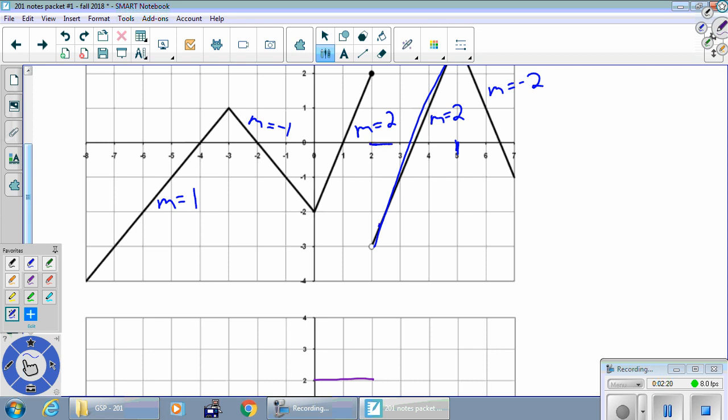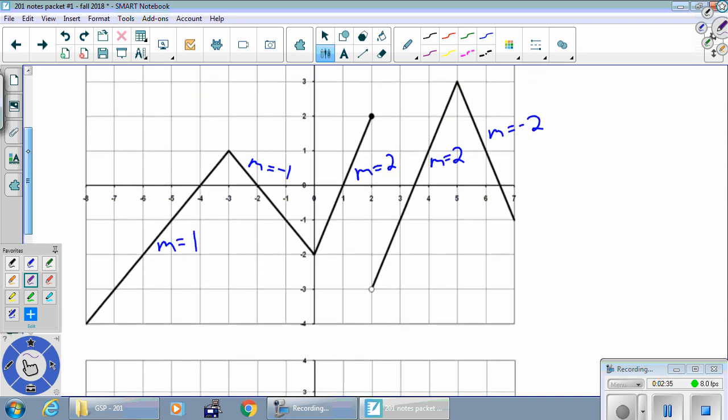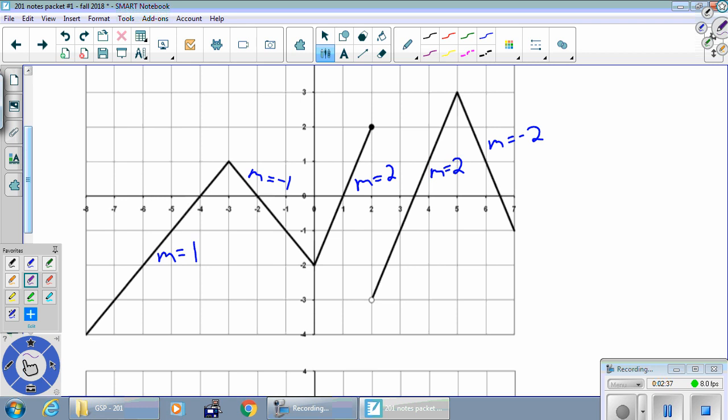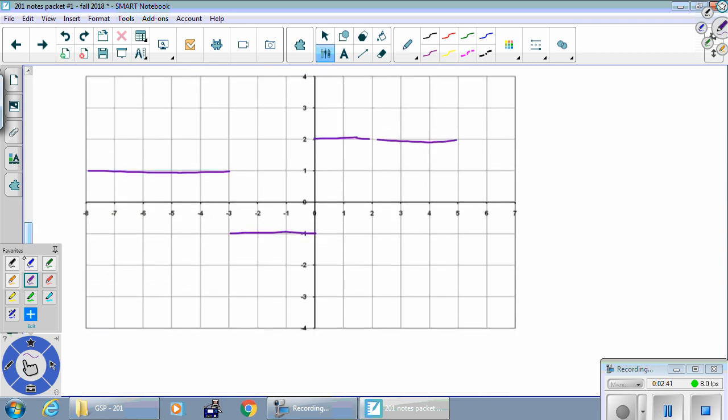So from 2 to 5, I continue to have a slope of 2. And then finally, I've got a slope of -2 from 5 until the end of time, so -2 starting at 5 and going to the right forever.